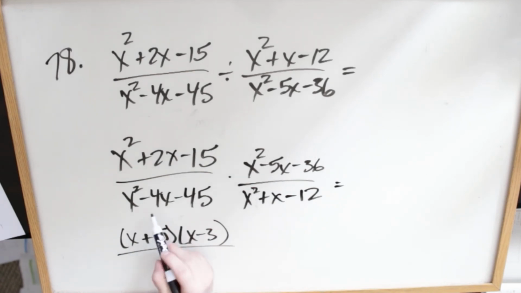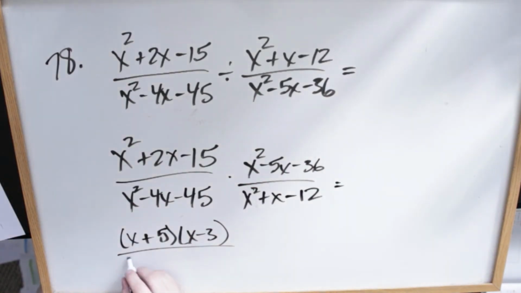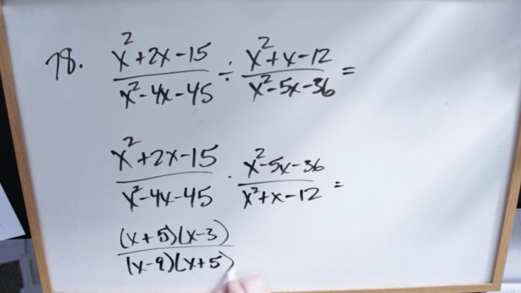This is a negative sign, which means that the bigger number, the 9, is going to be negative, and the 5 is going to be positive. So this is going to be x minus 9, x plus 5. Okay? Hopefully you can see how I'm processing all this. Even though you can't see my face, you can hear my voice in your ears right now, helping you process.